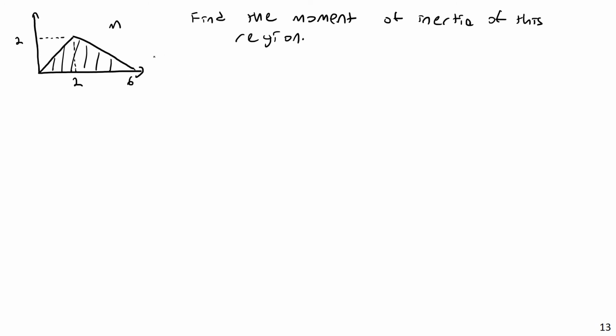So first of all, I would like to get these equations. This is a 2 by 2 slope coming right in at the origin, so that's obviously just y equals x. Now for this equation here, I have 2 points, (2, 2) and (6, 0). So I know the slope, m, is going to be negative 2 over 4, or negative 1/2.